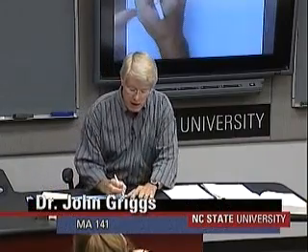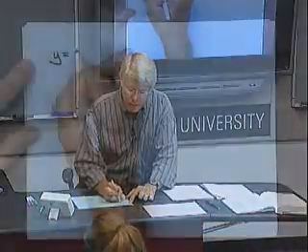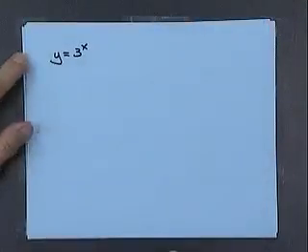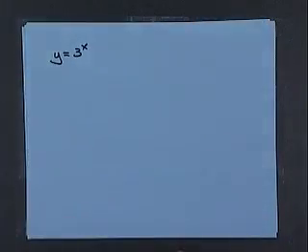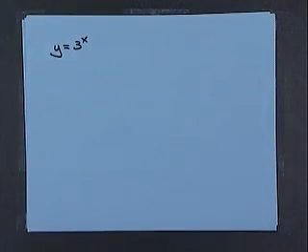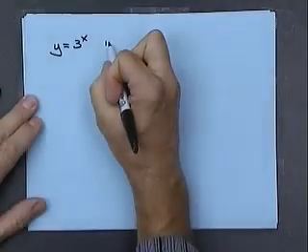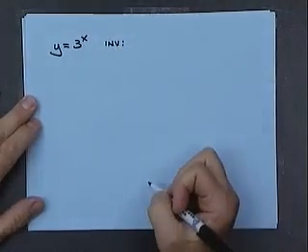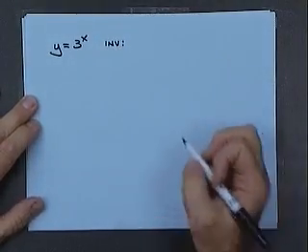So let's kind of wrap that up real quickly. If we have an exponential function, y equals 3 to the x, and we want its counterpart, its inverse, where we're switching x and y and then solving for y.